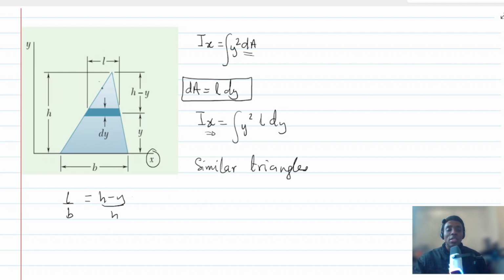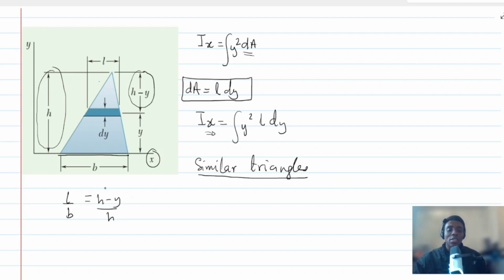For similar triangles, corresponding sides are in proportion. So the length of this small triangle divided by the length of this big triangle should be the same as the height of this small triangle divided by the height of the bigger triangle. And that is all we are trying to say here.